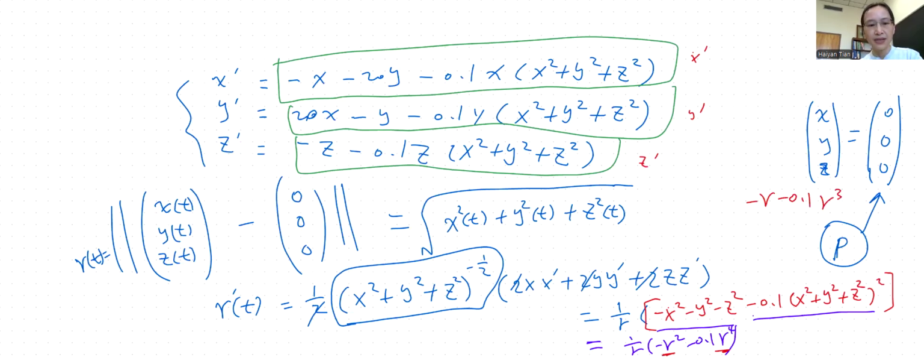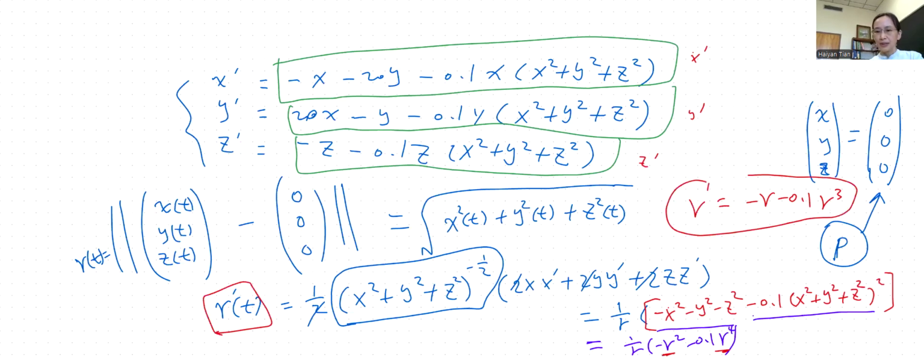So the left side is r derivative. So we have this equation. Now the r derivative equals negative r minus 0.1 r cubed. And we can discover what happens to this distance.